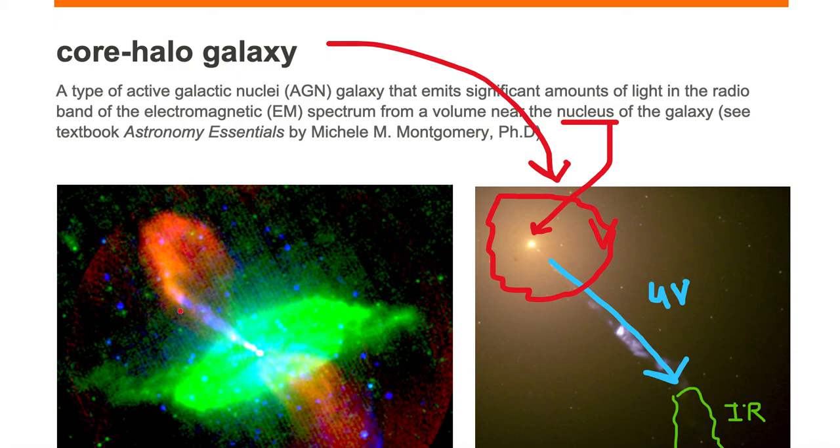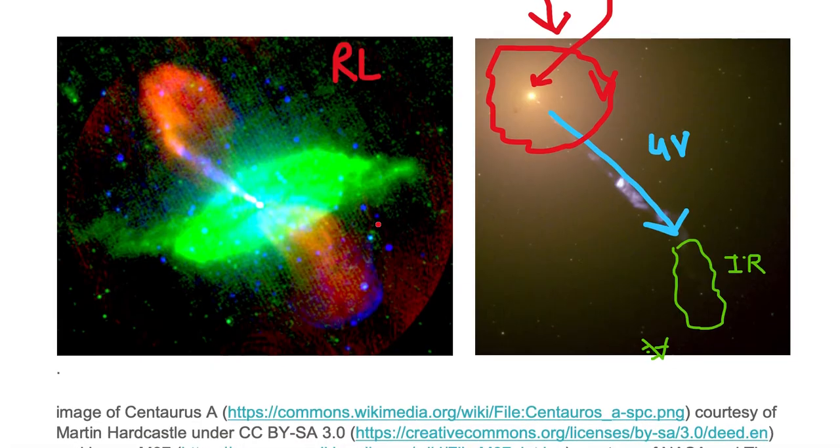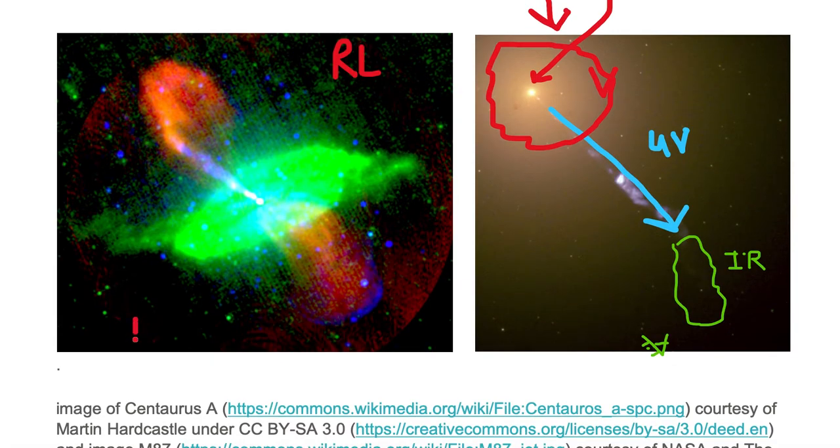On the left, we do not have a core halo galaxy. We have a radio lobe galaxy. In the radio lobe galaxy, our eye is still over here. We're still looking at a galaxy almost edge on, and we see an infrared portion in green.